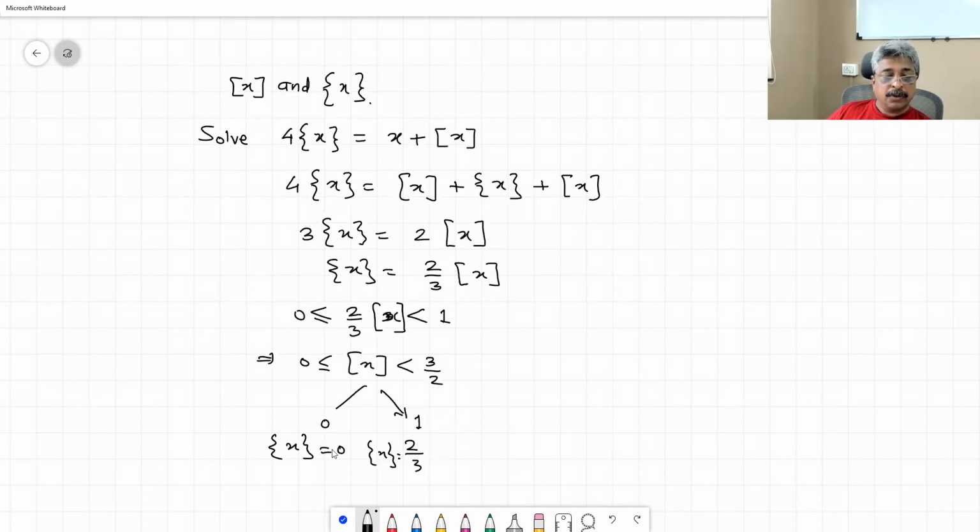In the first case it is 0 plus 0, the answer is 0. In this case 1 plus 2 by 3, the answer is 5 by 3. That is your solution set.